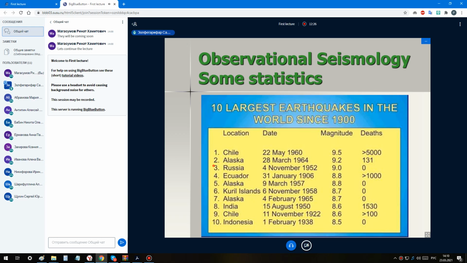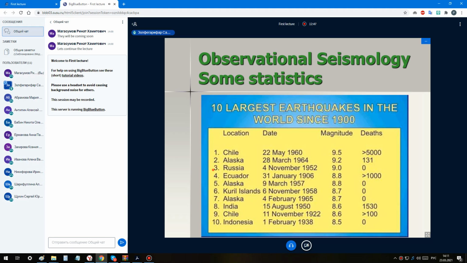And the second one occurred in Alaska on 28 March 1964 with magnitude 9.2 and around 131 people died.